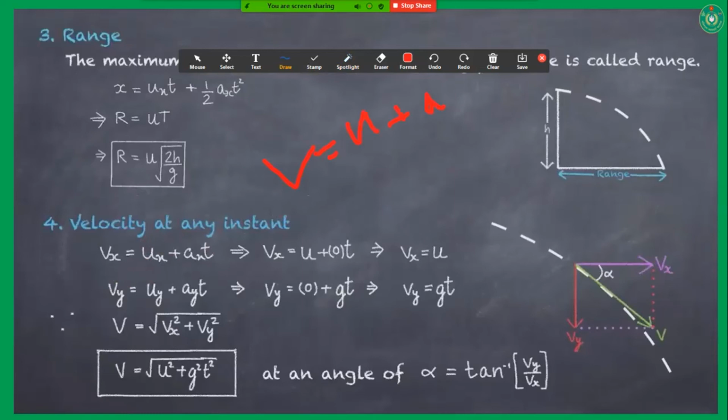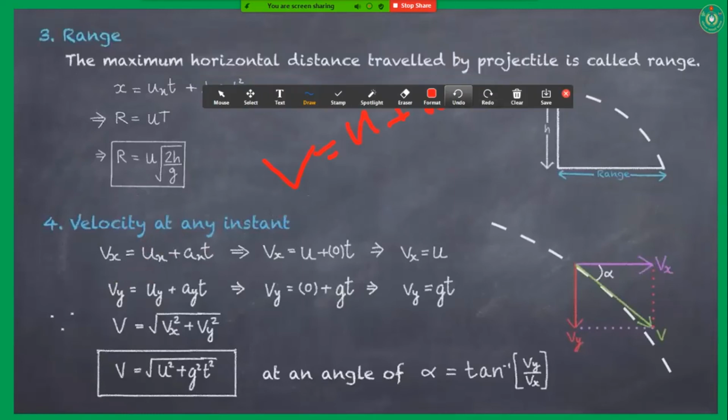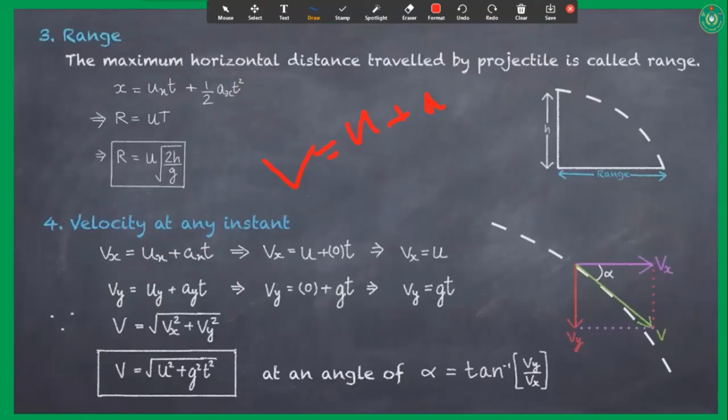Now along x, u is V naught cos theta, that is cos 0, and the acceleration term is 0. So we get Vx is equal to V naught cos 0. So Vx is equal to only V naught.